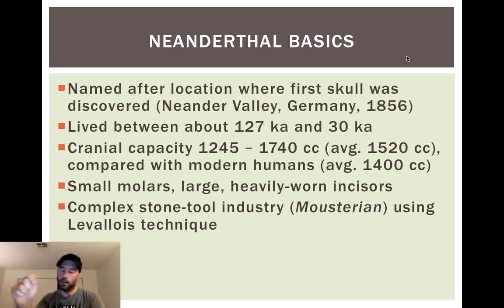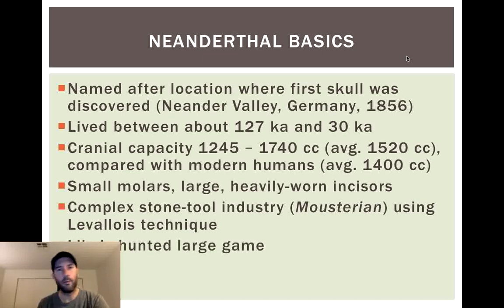So you're preparing the core so that finally you can strike it on a prepared platform, and a flake will come off in a relatively predictable shape, and then you can take that flake and work it into specific types of tools. So it took a lot of advanced planning, a lot of technological know-how, and a lot of skill, really. So it was to the next level, and they could make a lot of different tools that way.